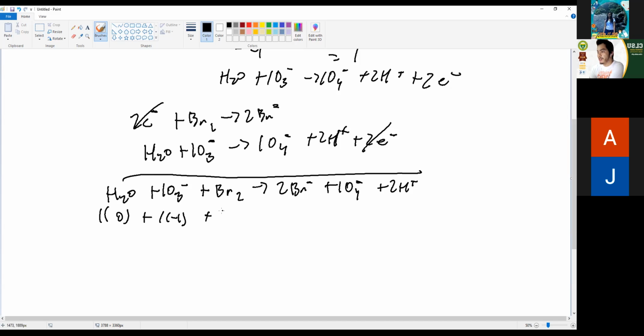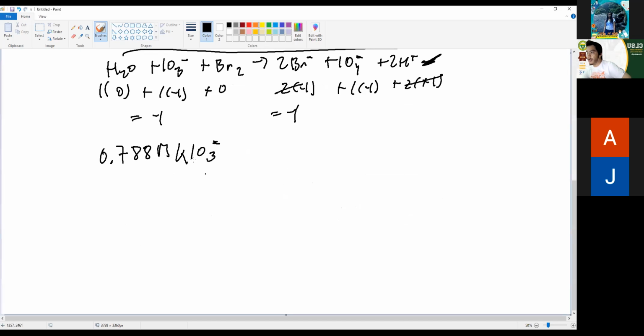So, ngayon, ang tanong. Meron ka daw 0.788 molars ng potassium iodate, and also you have 4 grams ng bromine.